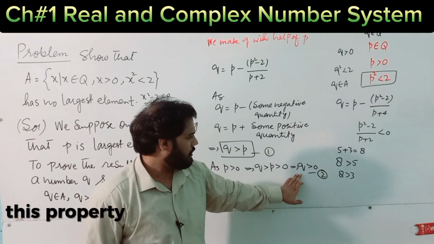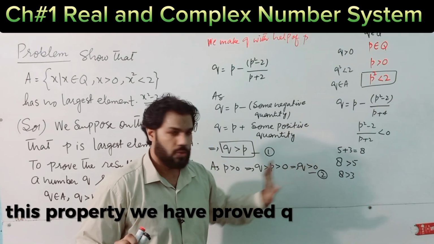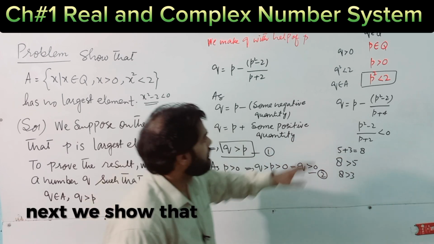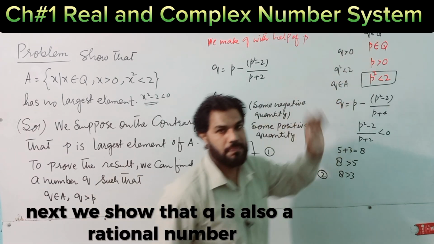This property we have proved, q is greater than 0. Next we show that q is also a rational number.